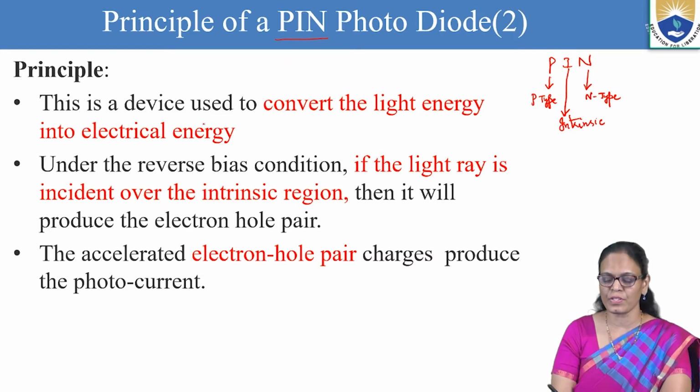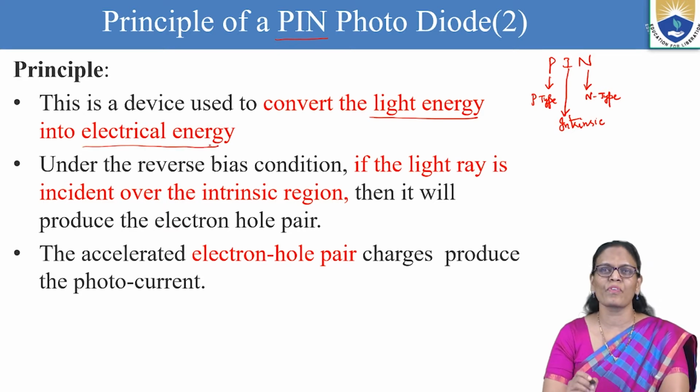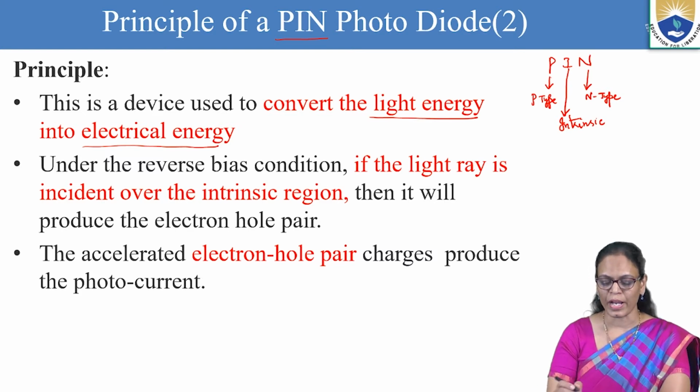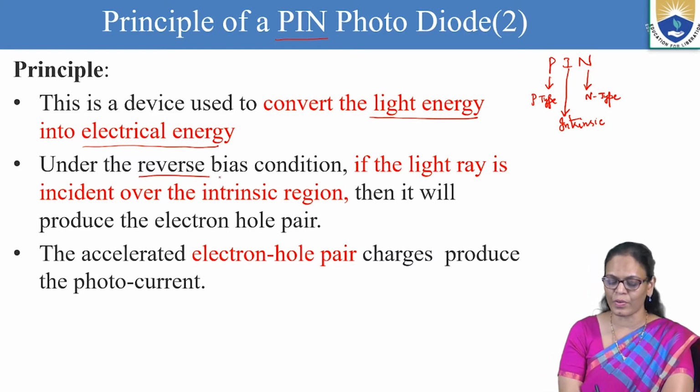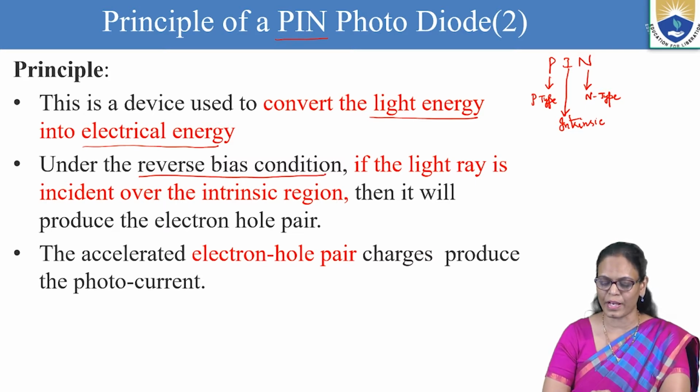So this is a device used to convert light energy into electrical energy. Whenever we say a photodiode, photo is always related to light. So light energy is being converted into electrical energy. And then in reverse bias, we are going to connect this pin photodiode in reverse bias.